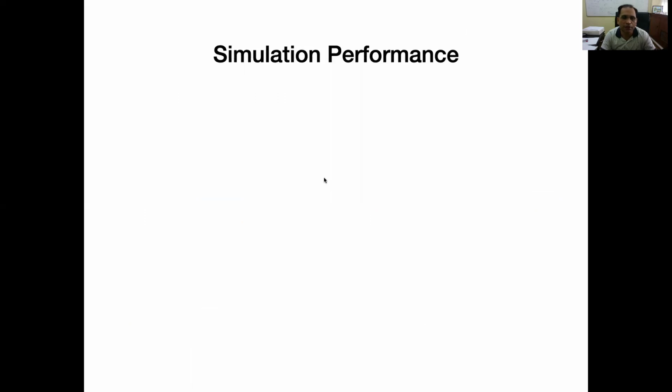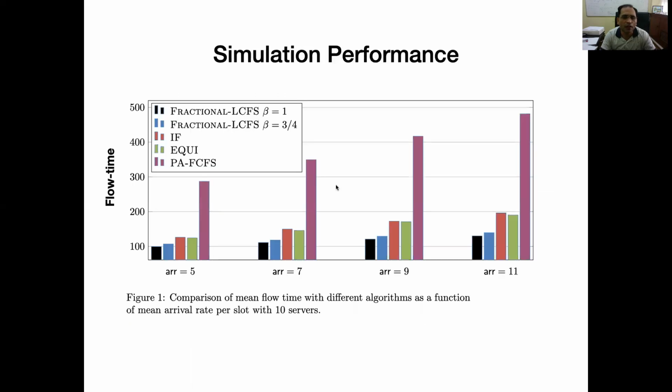So here are some simulation results. We are plotting for a particular configuration 5 different algorithms. Our algorithm is called fractional LCFS. Beta equal to 1 means that all jobs are processed at equal speed in different scenarios. Beta equal to 3/4 means 3/4 of the most recent jobs are going to be processed at equal speed.